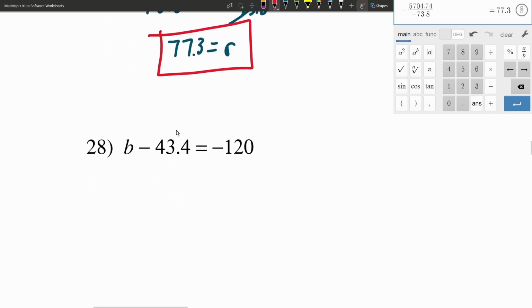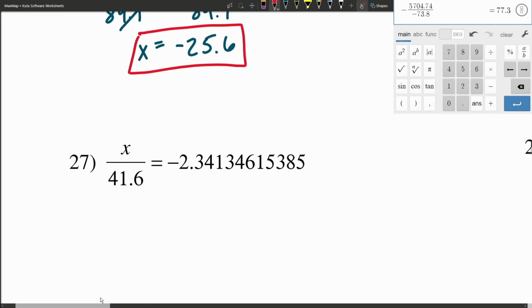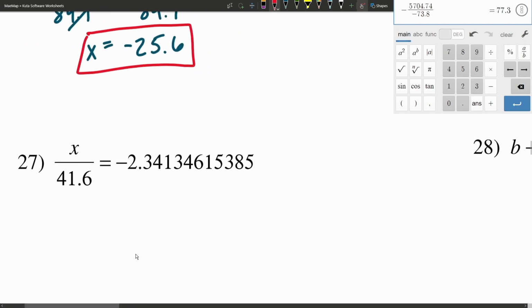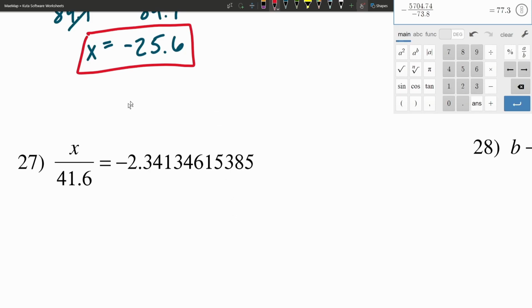Now moving on to our last two problems on this worksheet, we'll go ahead and do number 27. 27, we have some variable divided by a number. In order to cancel it out so that we can isolate the variable, we're going to be multiplying by that 41.6. So if I multiply by 41.6, I have to do so on my right-hand side as well. So multiplying by 41.6.